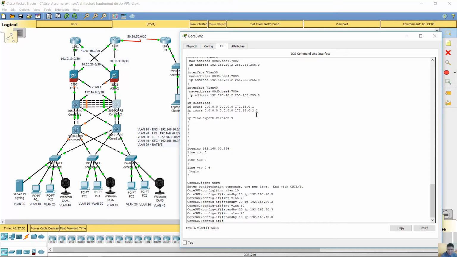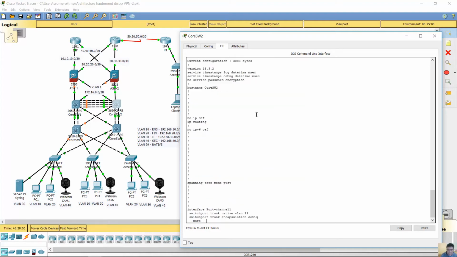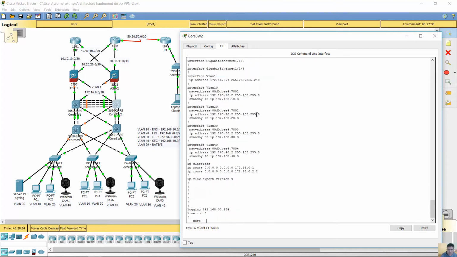Show running config. And the standby is configured with the virtual IP and the physical IP on each VLAN.